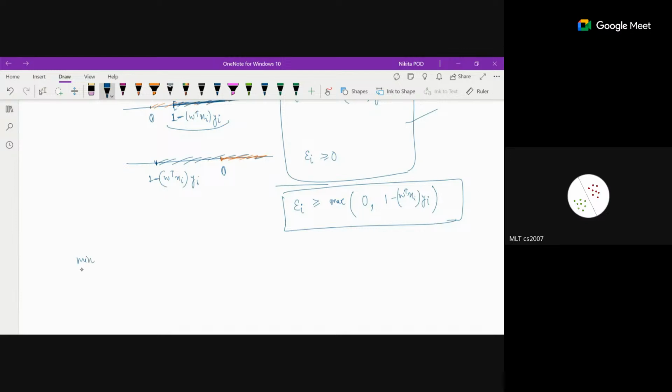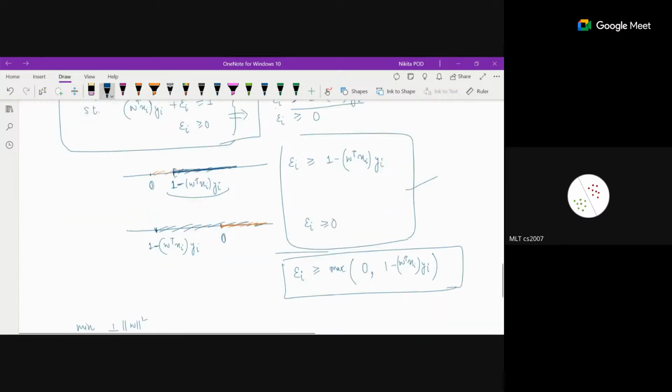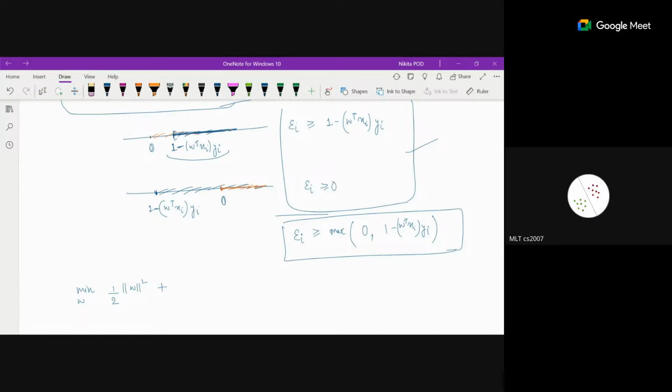All right. So once we combine both, now my problem was to minimize this objective plus C times this epsilon I, right? But what we are saying is that this epsilon I should be greater than or equal to max of 0 comma 1 minus W transpose Xi Yi. Since this is going to get added as a term, at optimality we are going to get epsilon I as just this term, max of 0 comma this.